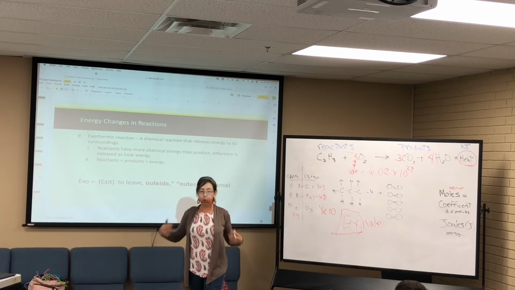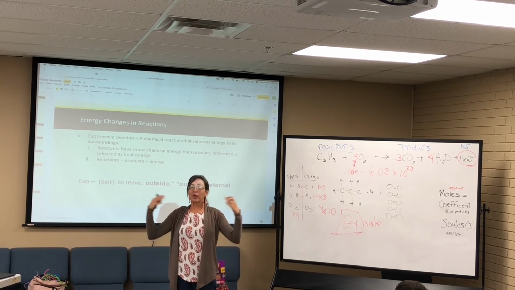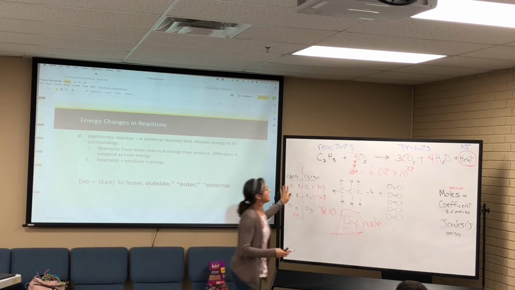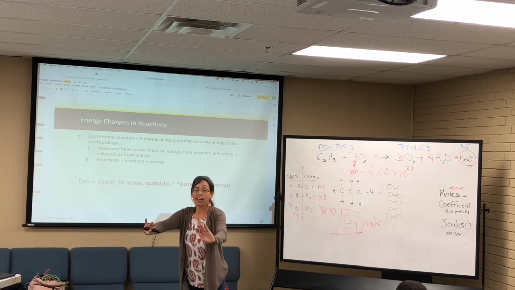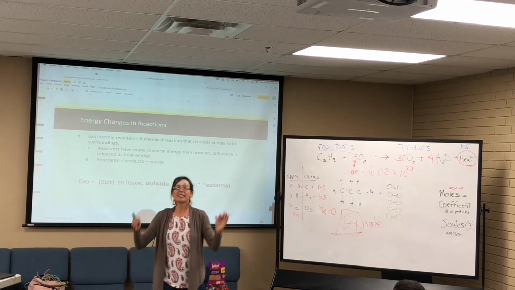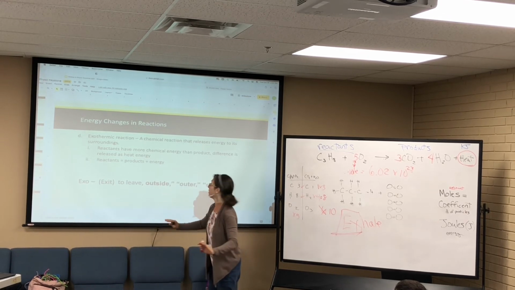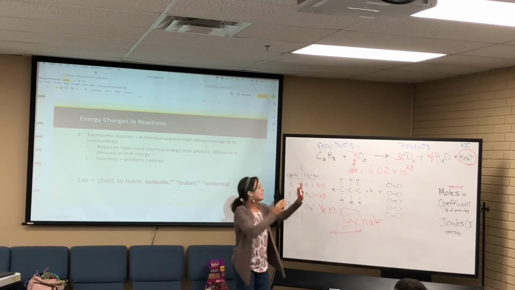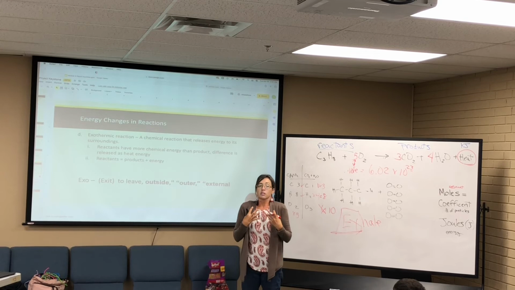We exhale. We let things out. In chemical reactions, when they exhale energy and they let energy out, it is an exothermic reaction. All right? See how that's going together? So that means we started with something. We started with breath in our lungs.